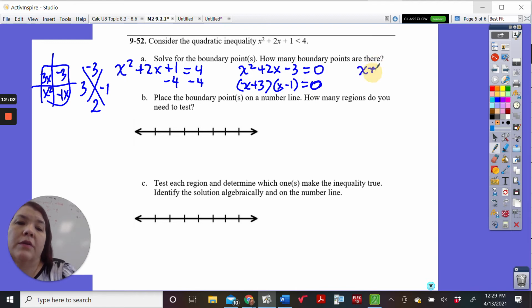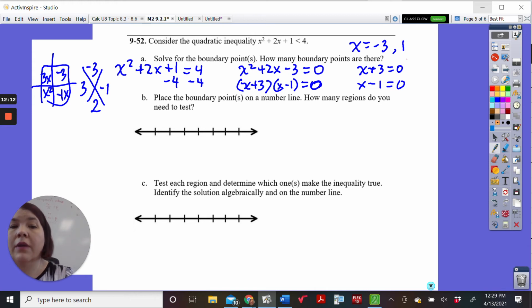And so x plus 3 equals 0 and x minus 1 equals 0. And so x equals negative 3 or positive 1. Place the boundary on the number line. I'm going to go ahead and put negative 3 right here. Then negative 2, negative 1, 0, 1. And 1 goes right there.